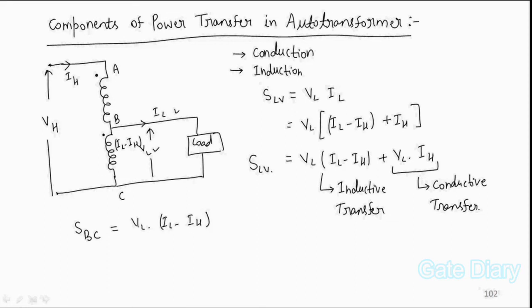So you can write VL IL minus VL IH. You can replace this VL IL with VH IH, because you know VL IL equals VH IH.